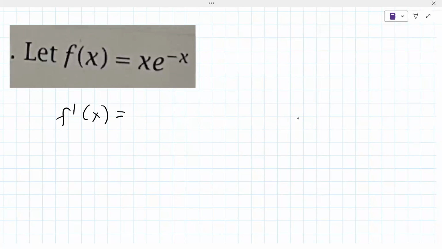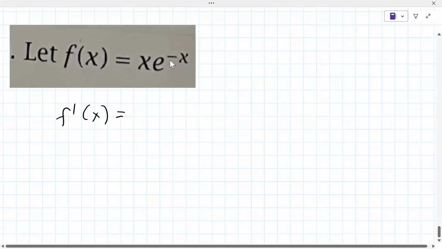x to the, wait, e to the negative x. Can I bring the negative down? So it's like e to the negative x minus x to the e to the x? Or do I have to keep the negative with the x?